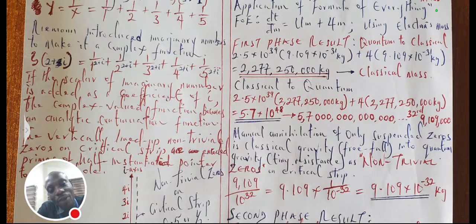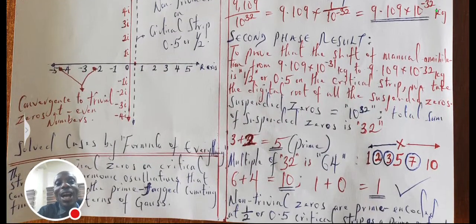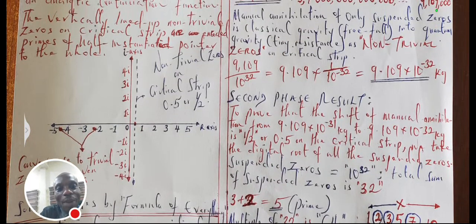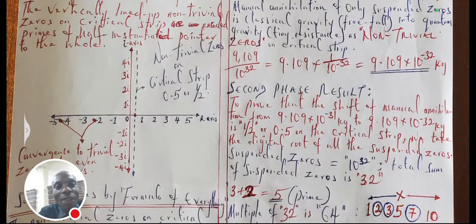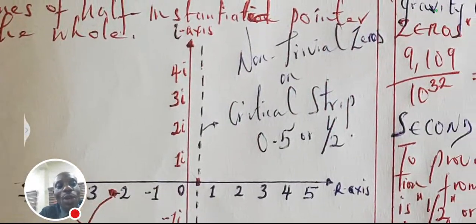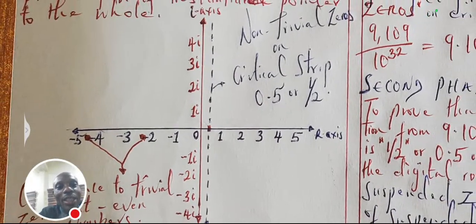So we have vertically lined up non-trivial zeros, which we have on the critical strip, and then we have some zeros that get converged for every even number, which is every negative even number at the other side. So we can have the sense of that by looking at this diagram as we have it.